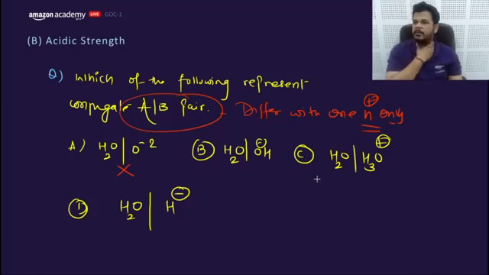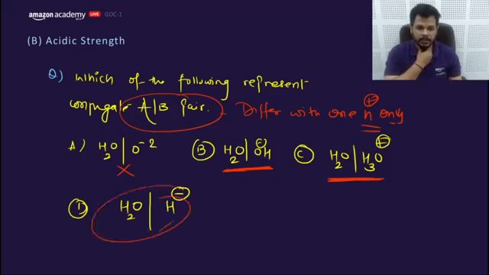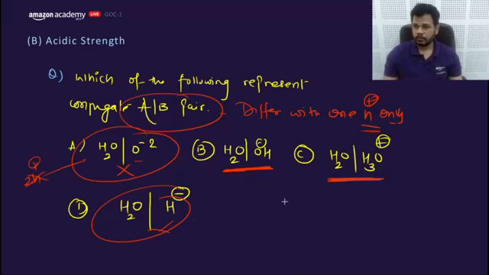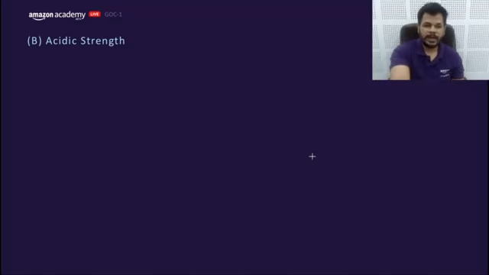Sanya says BC, RS says BC, AK, DG. That means the answer would be what? B and C. They have 1 H plus difference. This one is altogether different, and it shows a 2 H plus difference. So this would not be the answer. So the answer would be B and C. Let's move to the next part of it.